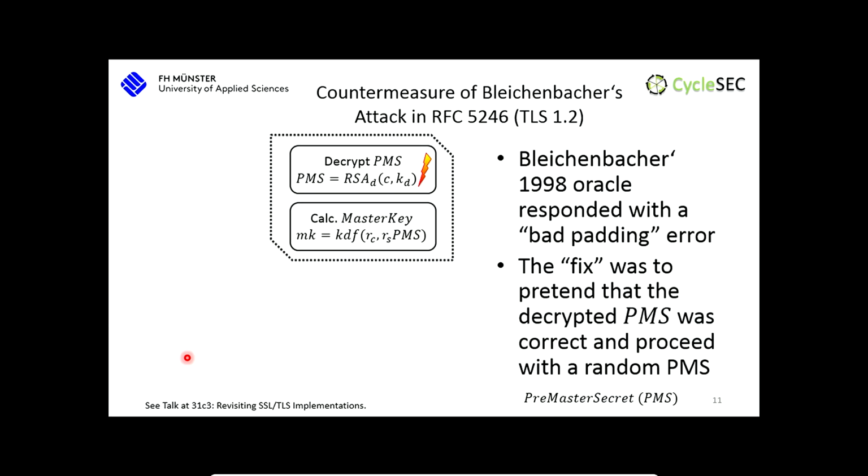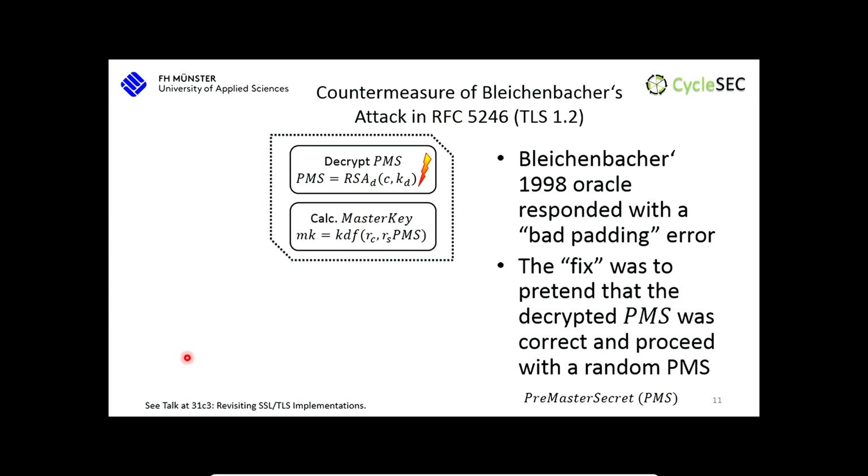Okay. So in the original paper of Bleichenbacher from 1998, he was exploiting the fact that common TLS implementations had an explicit error message for this type of decryption failure, which is really bad. And so they didn't actually fix the SSL or the TLS standard.